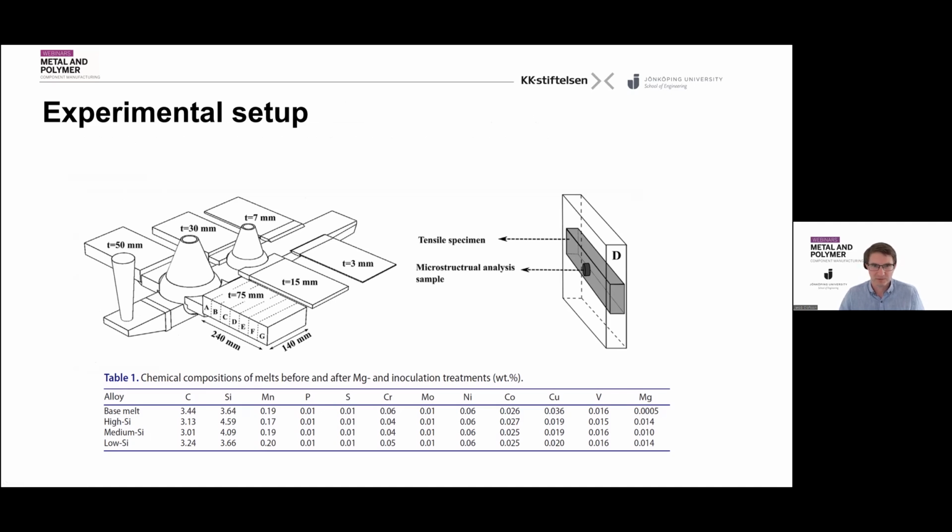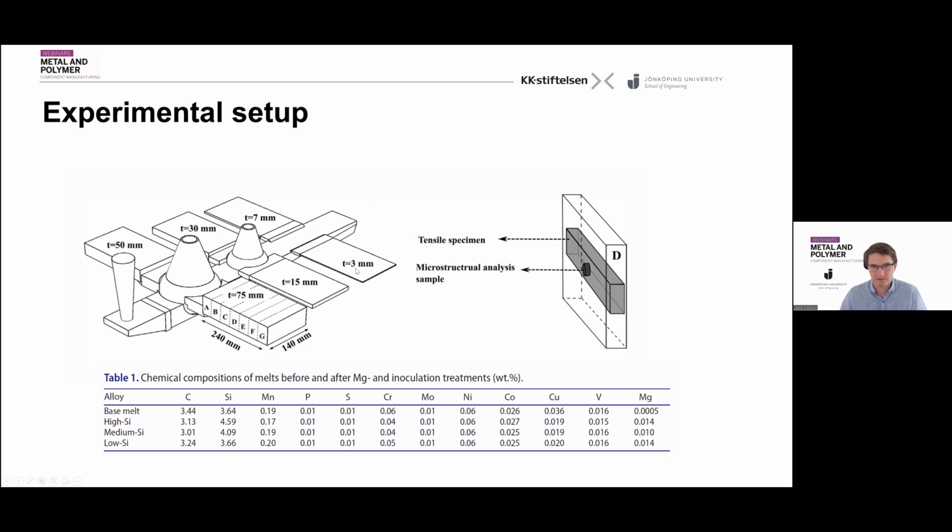That means that we should get different microstructures in terms of ferrite content, which could vary with the cooling rate, but also the graphite, both the nodule count and the nodularity, can be different at these different cooling rates.